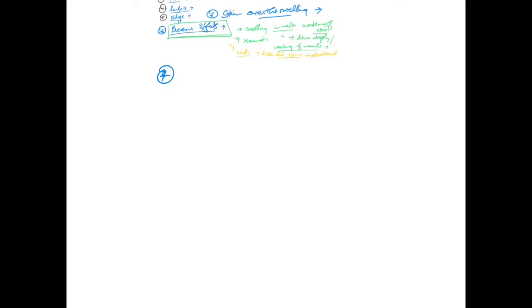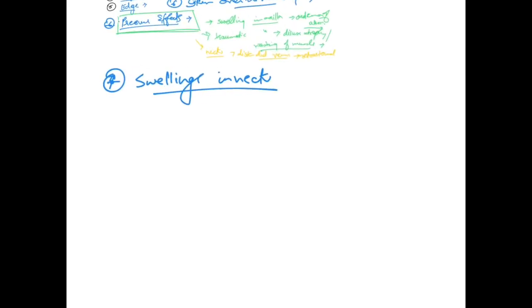Let me talk first about swellings in the neck. Here you need to look for pulsatility, whether the swelling is pulsatile or not. Pulsations can be of two types: transmitted pulsation and expansile pulsation.